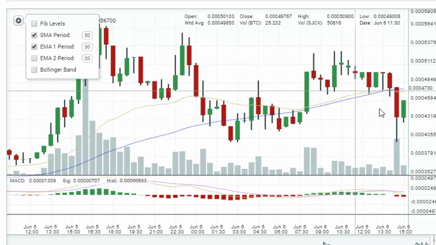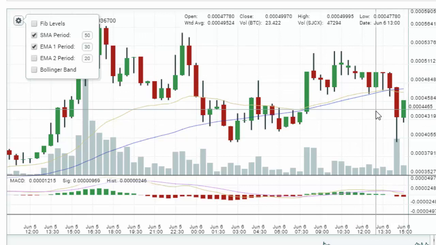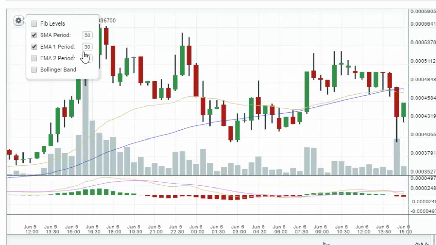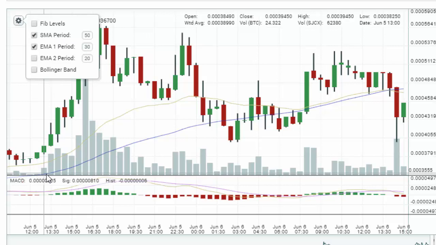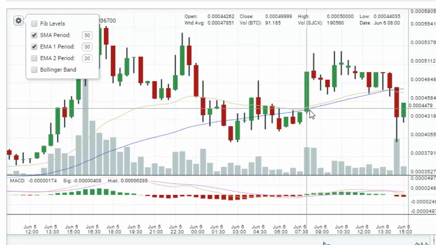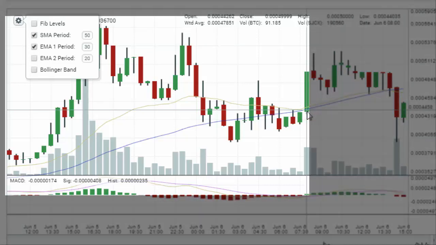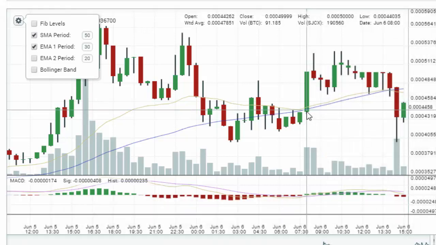So there's more weight of the moving average on the current changes in price compared to the older ones, whereas the smoothed moving average is literally just taking the average of the last 50. So at this point here on the blue line, right at this particular moment in time, that would have been the average of the last 50 candlesticks, and that would have taken you to that point there. So those are those two.